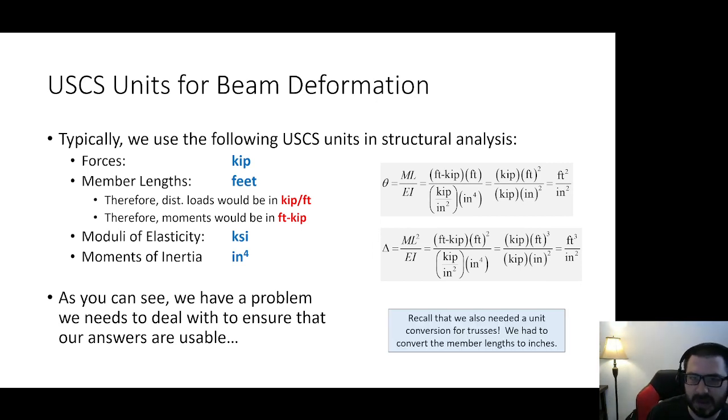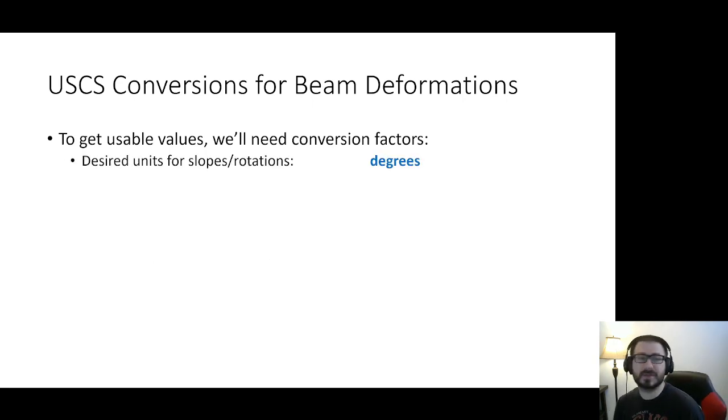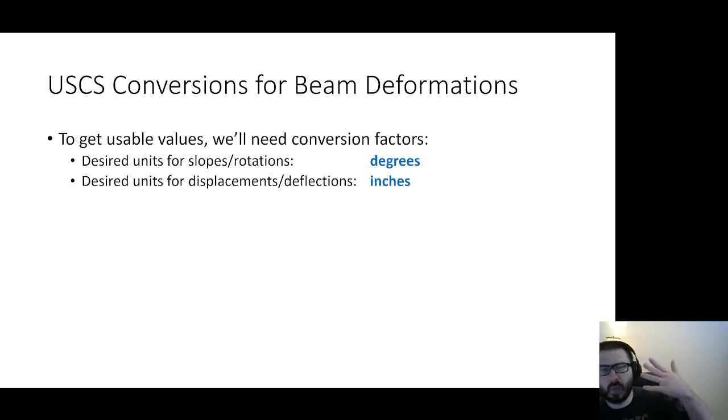So we have a problem we need to deal with, and we need to ensure that our answers are usable, okay? Remember, we kind of had a conversion factor for trusses. We didn't really call it a conversion factor. We just multiplied the lengths by 12, but that 12 was a conversion factor. We're going to have to derive a similar unit conversion factor for slopes and rotations. To get those usable factors, we need to ask what our desired units are at the end of the day.